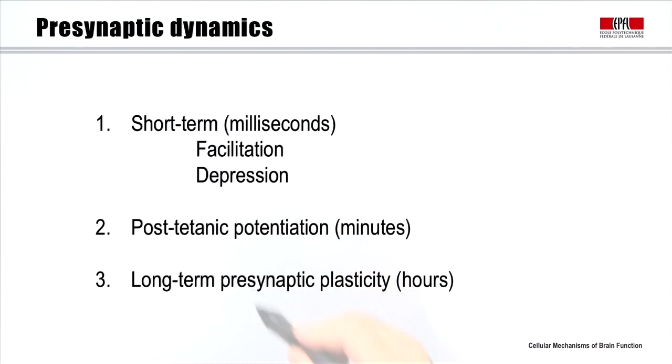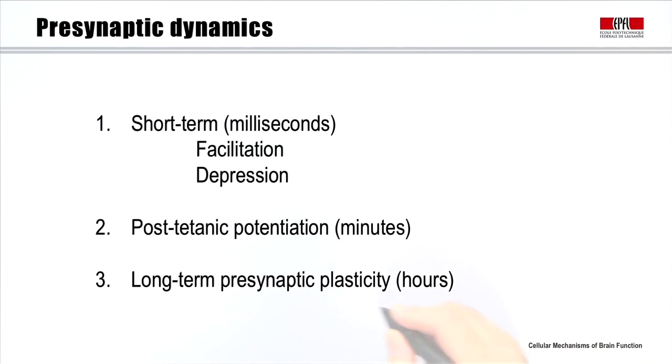There are other forms of presynaptic plasticity that occur on much longer timescales: post-synaptic potentiation that occurs on the minute timescale, and long-term presynaptic plasticity that can last hours, days, perhaps even a lifetime, and might ultimately contribute to forming memories in the brain.